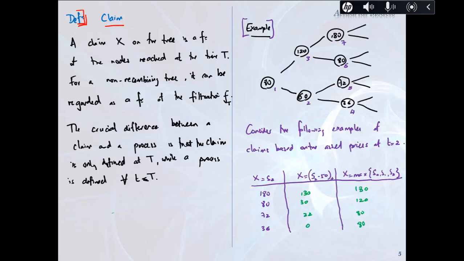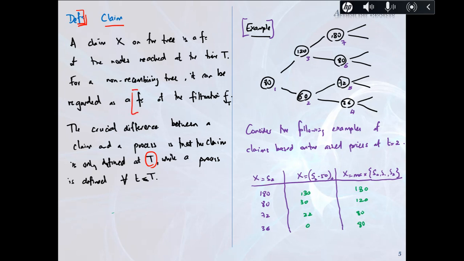Now, what is a claim? It is different to the process. It is in fact an element of a process. Why? Because it is the set of information that has happened at maturity, only at maturity. So it is in fact a function of what has happened at maturity.